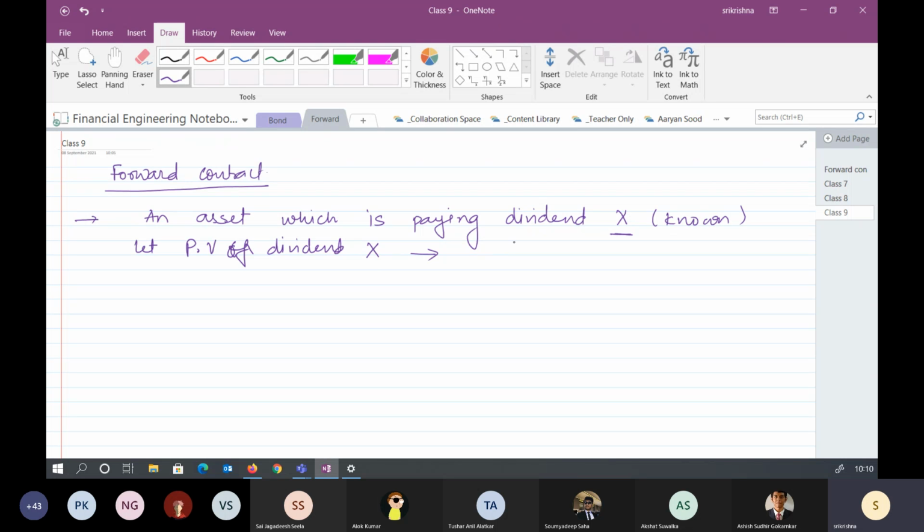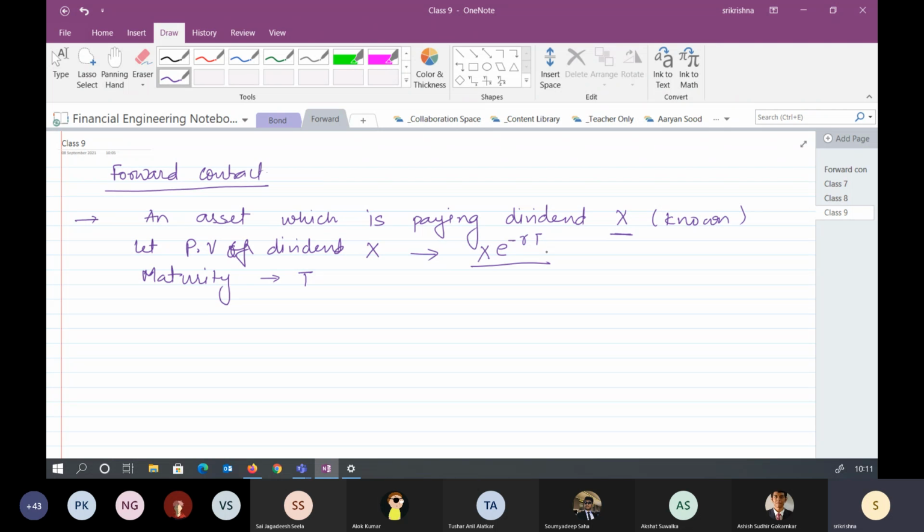How can we calculate the present value of this one dividend? By discounting it, yes or no? Yes, sir. Let's say the maturity period is T, so the present value I can simply write as X e to the power minus rT, right?